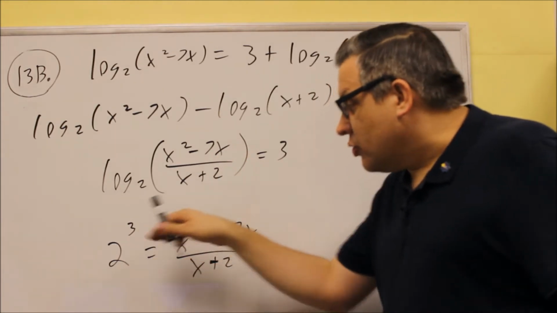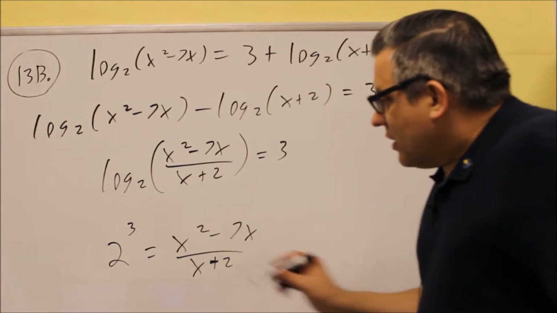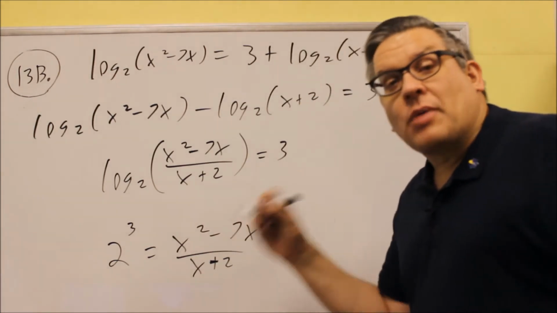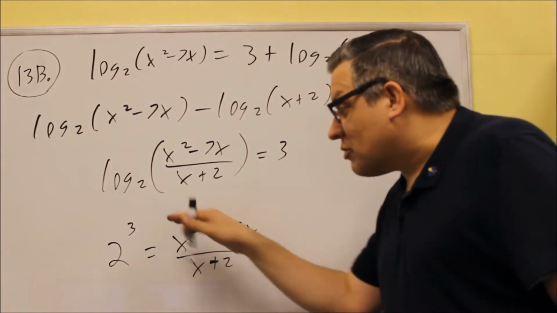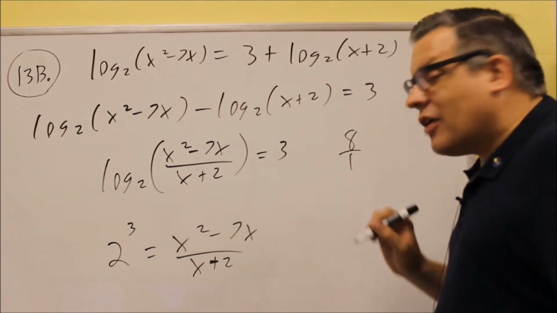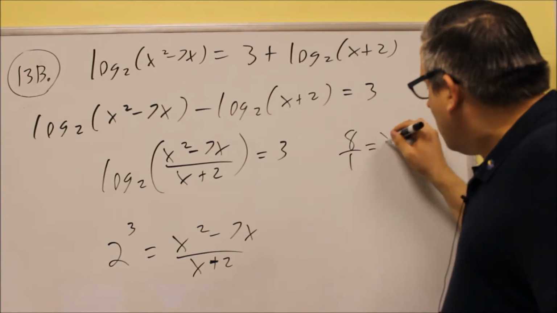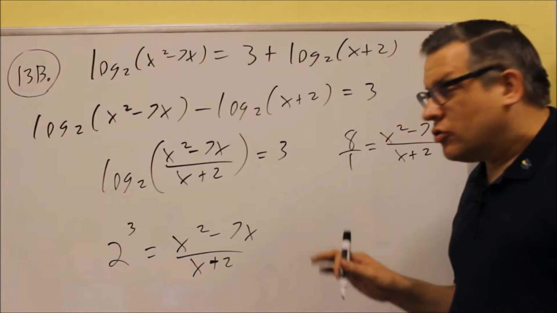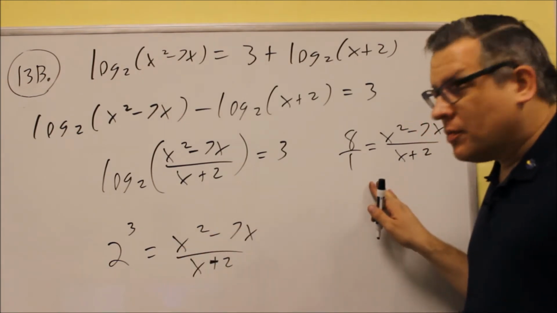So we get 2 to the third power. Now this here, 2 to the third, that's not 6. It's 2 times 2 times 2, so you have 8. So be careful with this one. You have an 8 there. And I'll bring that up here. So you have 8 over 1 is going to equal x squared minus 7x over x plus 2. That's what this will turn into.